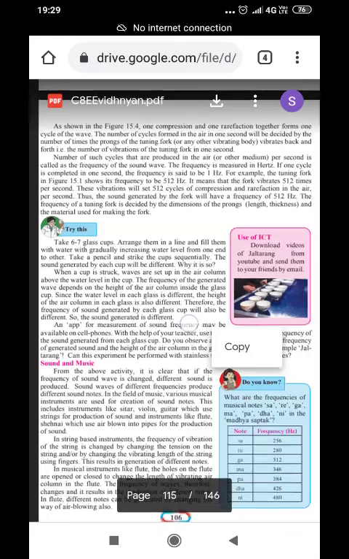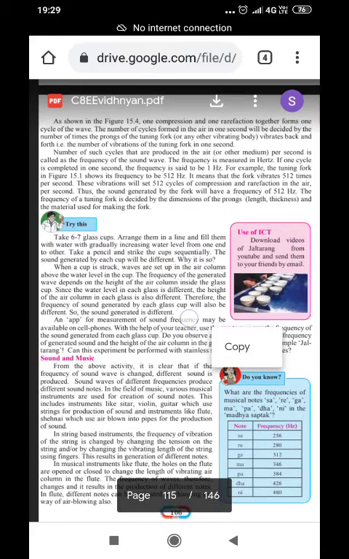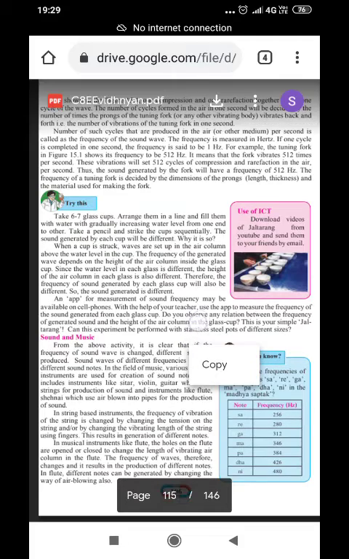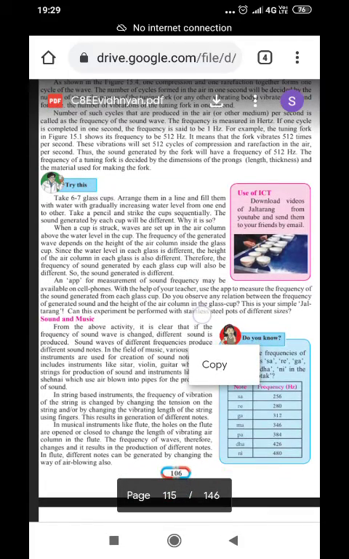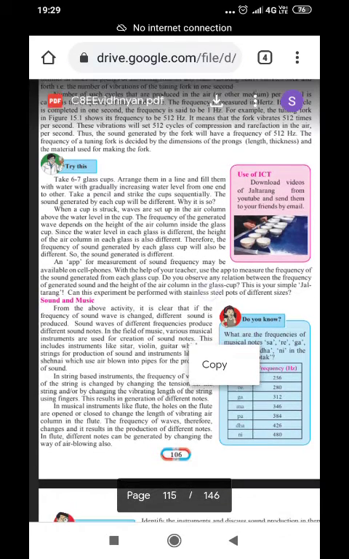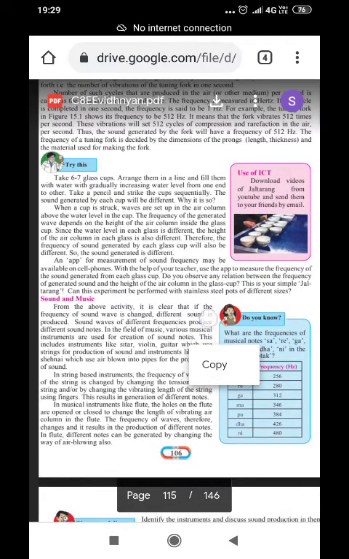The number of such cycles produced in the air or other medium per second is called the frequency of the sound wave. The frequency is measured in hertz. If one cycle is completed in 1 second, the frequency is 1 hertz. For example, the tuning fork in figure 15.1 shows a frequency of 512 hertz.